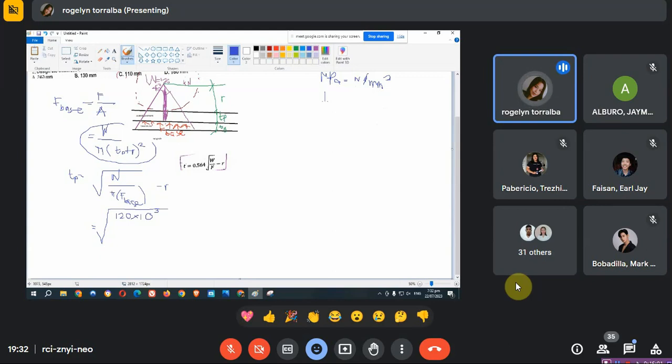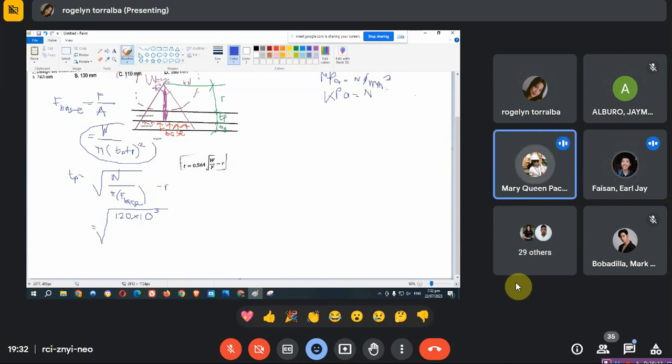And what about kPa? Kilonewton per meter squared. Is this correct, kilonewton or Newton? Kilonewton. Everything should be consistent, class.